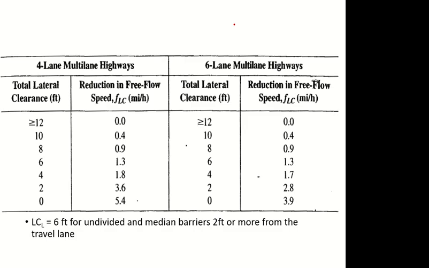On the left hand side, you have 0 because it's undivided. But the lateral clearance you will take for this table will be 2 plus 6. 6 is assumed. So for undivided highways, left hand side lateral clearance becomes 6. This 6 is added to whatever you have on the right hand side.